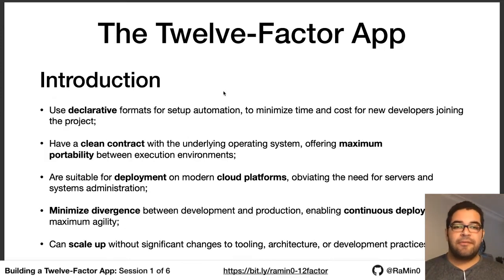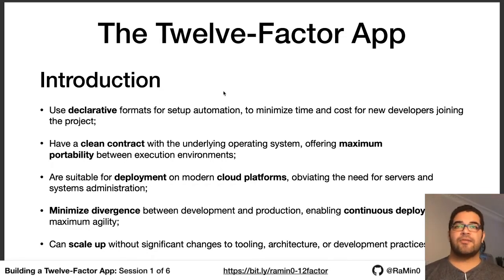So a brief introduction: the 12-factor apps try as much as possible to use abstraction to describe how best to set up your app and automate it, so as to minimize the time and cost you use to develop the app.